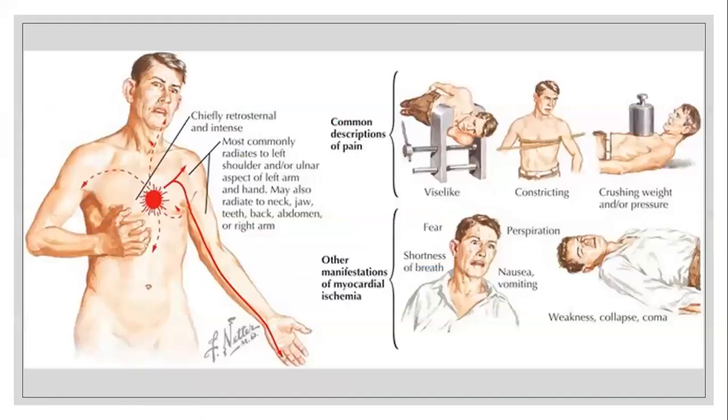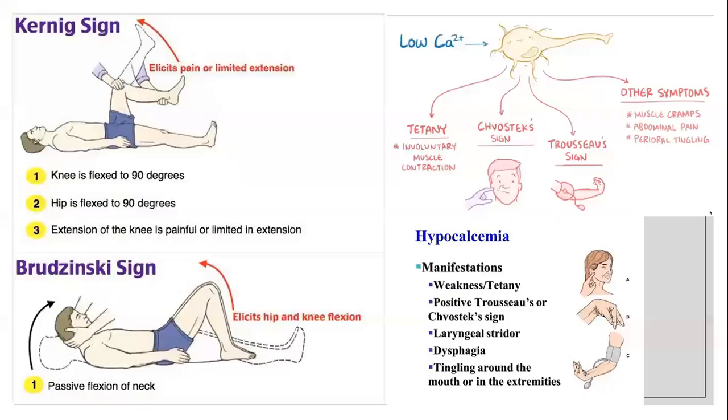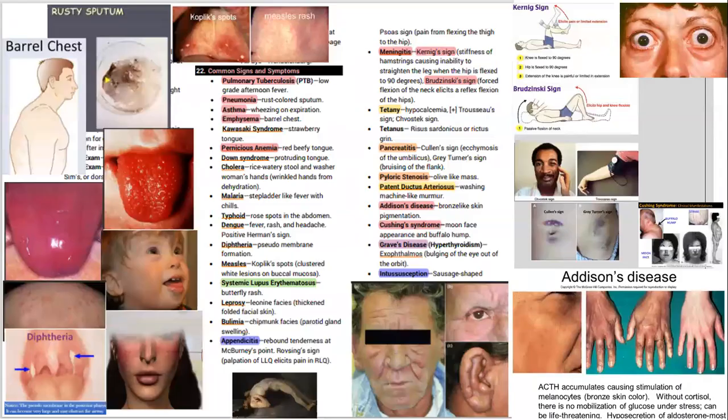Now we're saying in case of pyloric stenosis, we can see an olive-like mass. In case of intussusception, we can see a sausage-shaped mass.